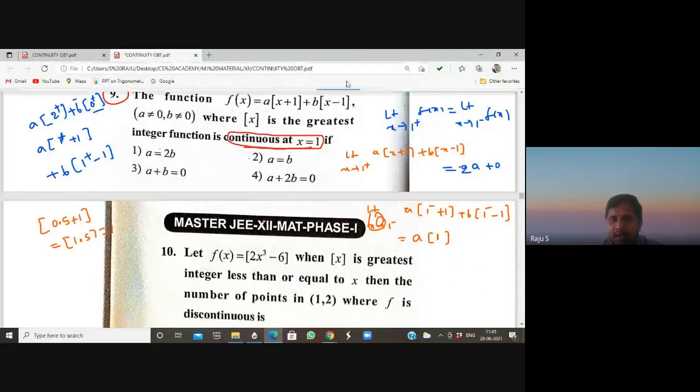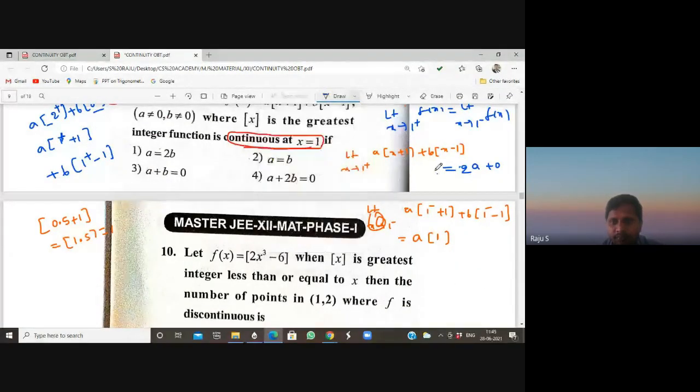If you draw the real line also, you will get an idea. See here, they are asking at 1. This is exactly 1. This is 1 minus. This is 1 plus, and 1 plus means more than 1. 1 minus means lesser than 1, more than 0. So a into 1 plus b into, what about this, students?